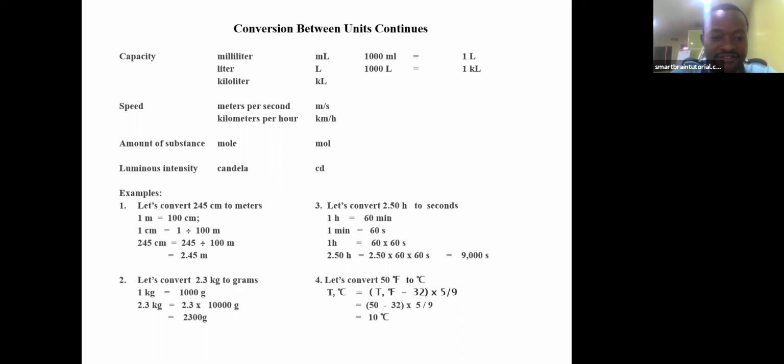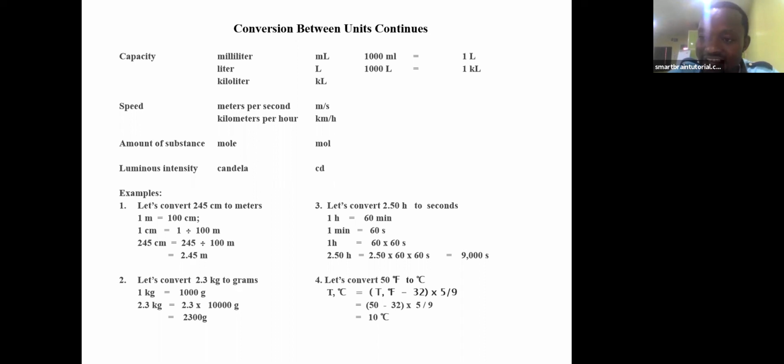So 245 centimeters, which we want to convert, is equal to 245 divided by 100 meters. If you do that carefully, you move the decimal point 2 places forward, and it will settle between 2 and 4, and that will be 2.45 meters.